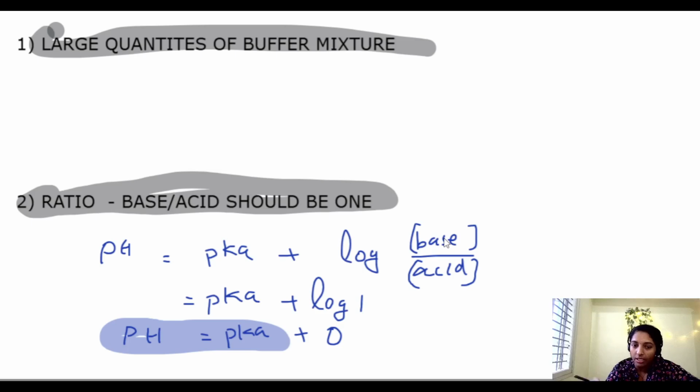After that, when you are adding acid or base within the range of the buffer capacity, the ratio will be maintained, right? That we already studied. The ratio change will be very low. So at that time you get a constant pH. Correct? So that's all about the buffer.